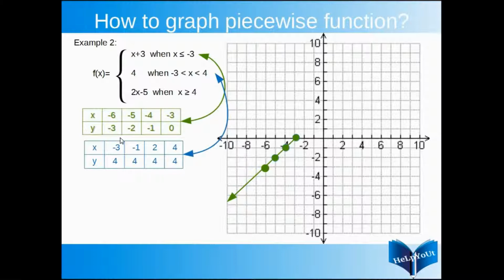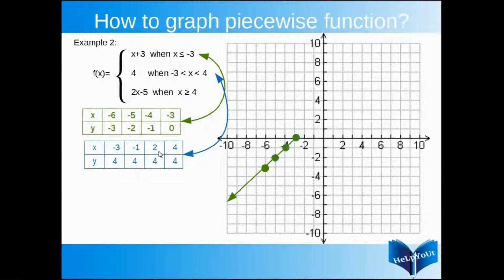But see, here I have considered x equals minus 3 because x can get really close to minus 3 and be greater than minus 3 at the same time. Say minus 2.999 something, then y will be really close to 4 because y is constant here when x is between minus 3 and 4.